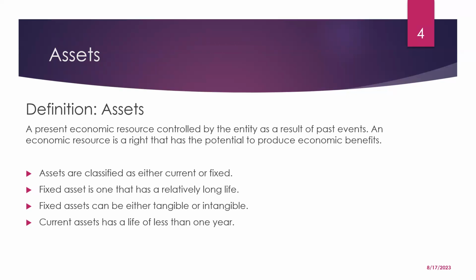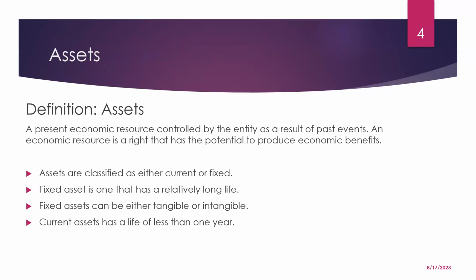However, you're using that land for a car sale and renting it, getting a particular rental income. So that is your economic benefit. Therefore, that land is known as an asset.